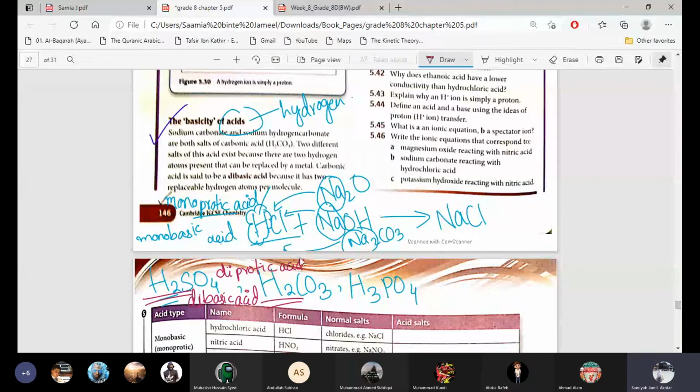Okay, H3PO4. What will be its name? Mono, di, and then which prefix will we use for 3?